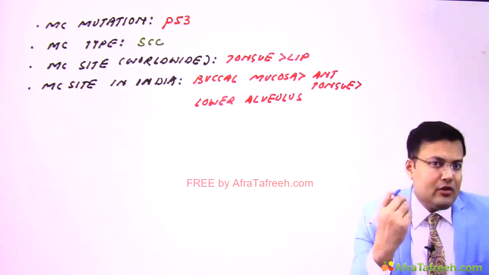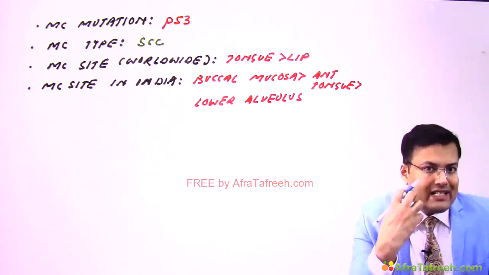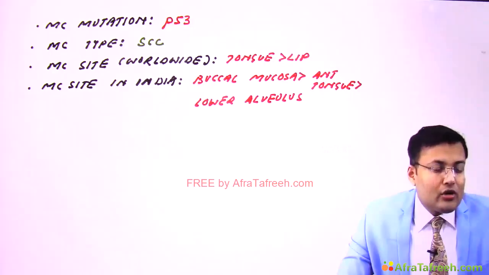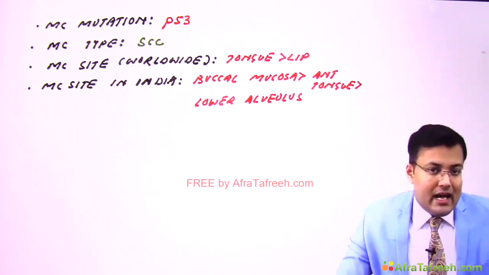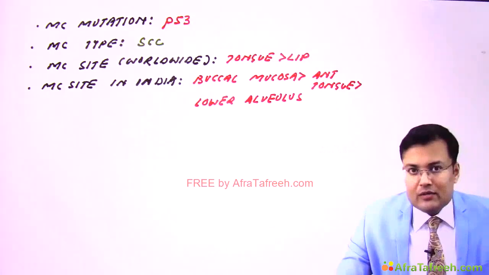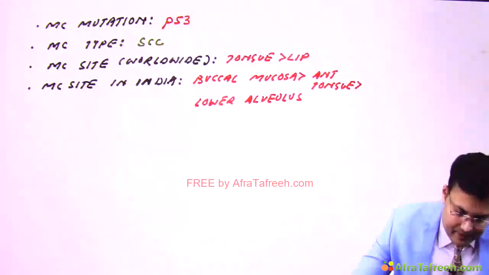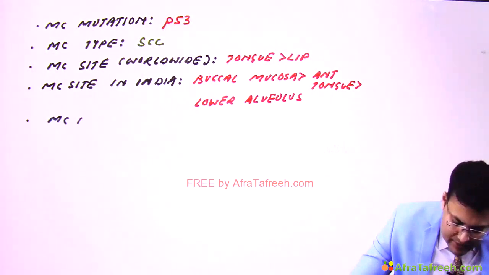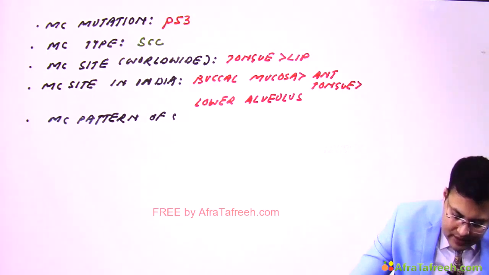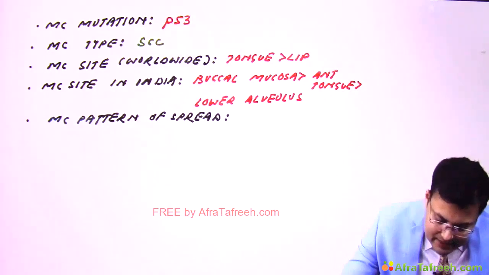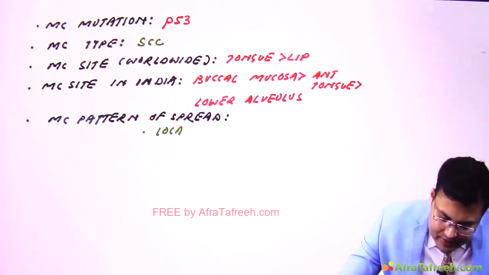Generally in carcinoma oral cavity, you will find that there is local extension and lymphatic spread. Hematogenous spread is also seen, and if there is hematogenous spread, the most common site of metastasis is the lungs. So the most common pattern of spread is local extension and lymphatic spread.